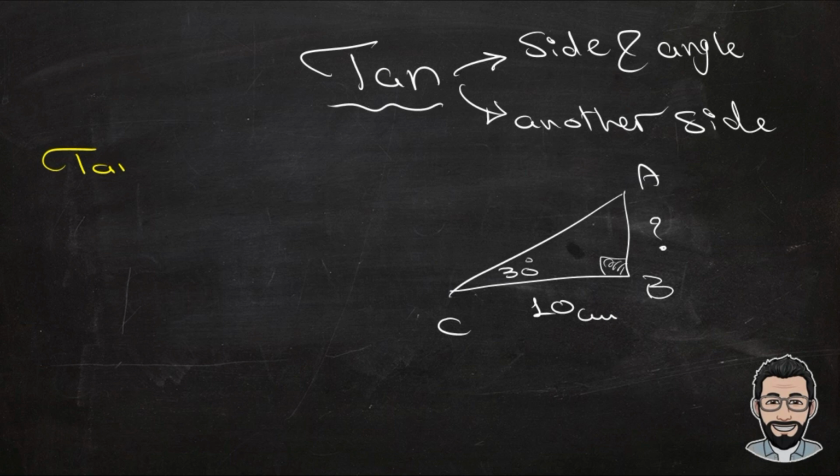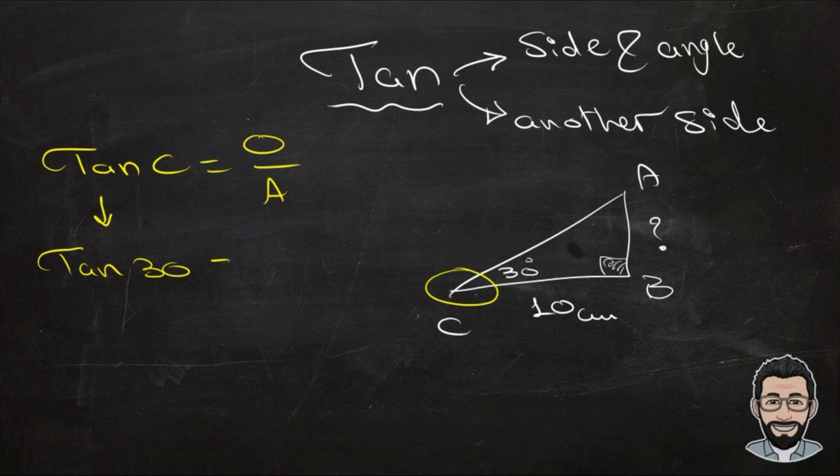Firstly, we're going to write the formula. Tan C equals O over A, opposite over adjacent. So, tan C equals what? Tan 30, the given angle, equals the opposite side, which I don't know, so I'm going to write O, or AB, no problem to write AB, over the adjacent side, the neighboring side to the angle, which is 10.